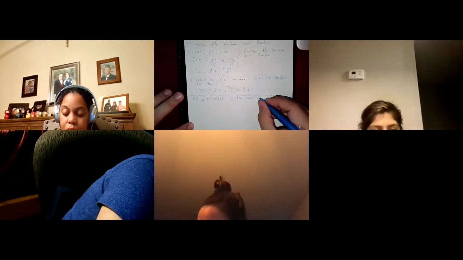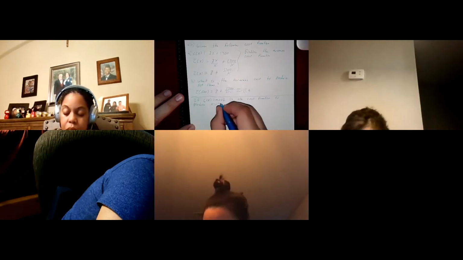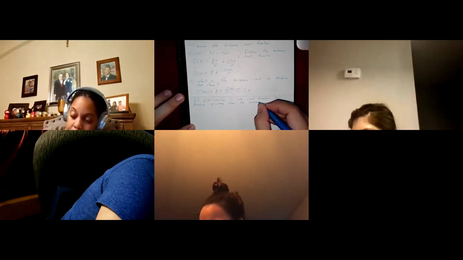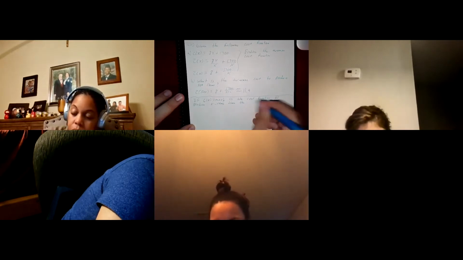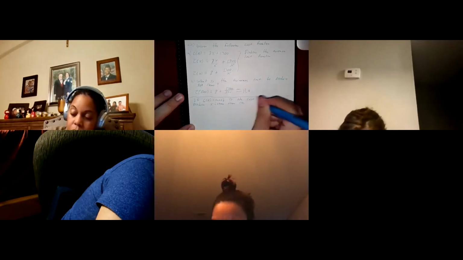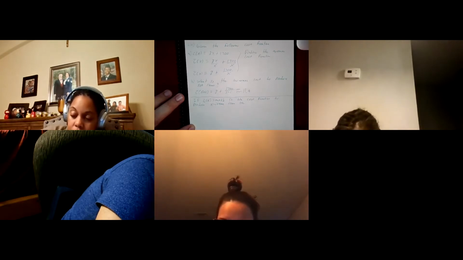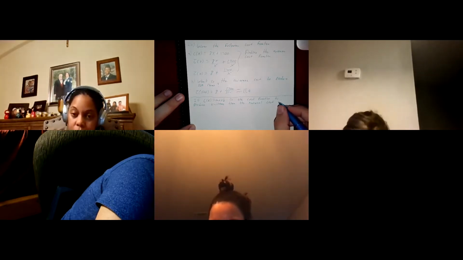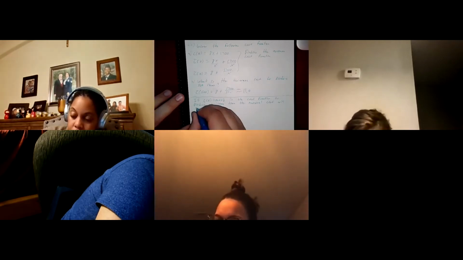Okay. So same definition. If C of x equal to mx plus b is the cost function to produce x items, then the average, then the marginal cost will be m.